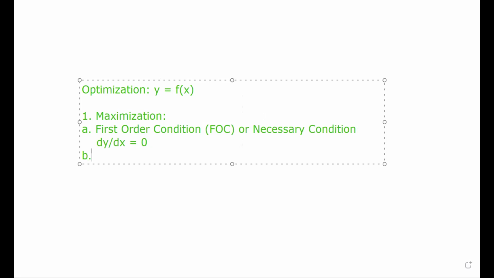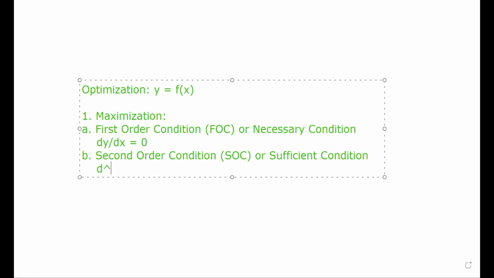And the second one is the second order condition, SOC, or sufficient condition. The second derivative, d squared y over dx squared, is less than 0. This is for maximization.